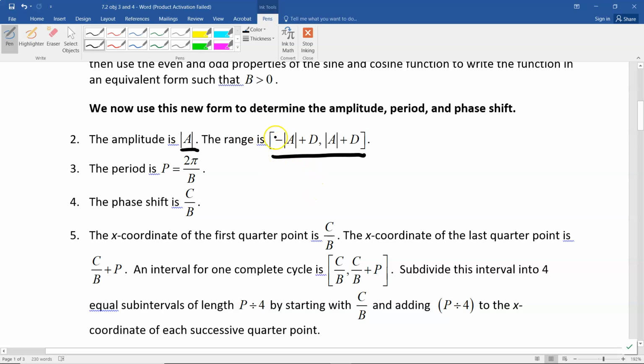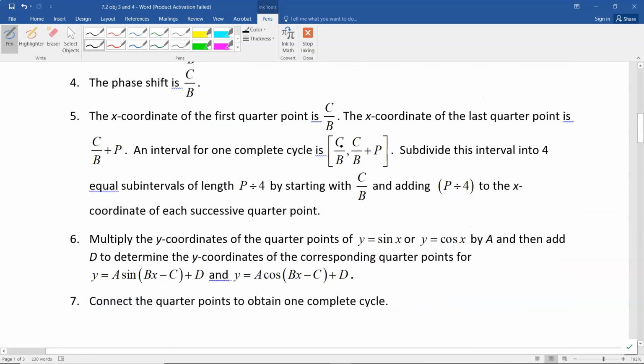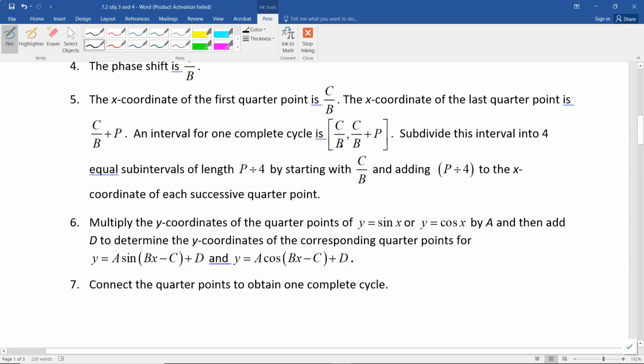It's going to be the negative amplitude plus d and the positive amplitude plus d. And again, this goes back to the only thing d is doing: changing the y values up or down. So we'll go over that concretely when we cover the example below.